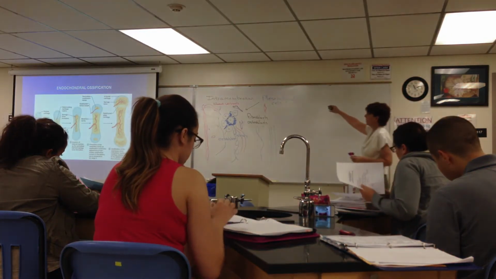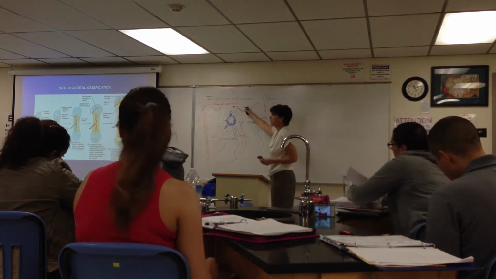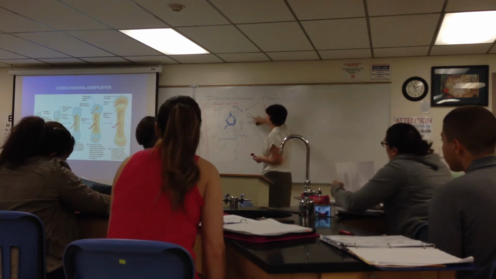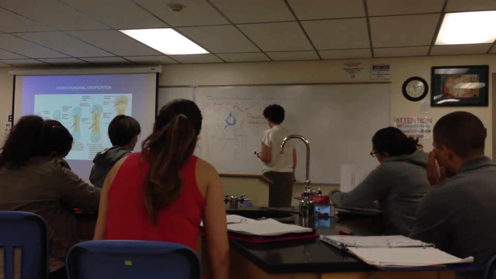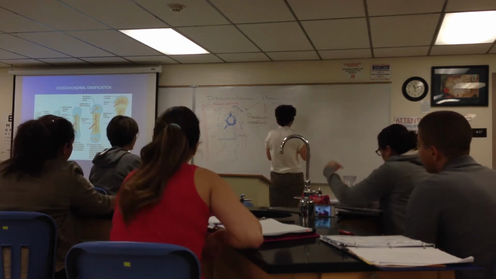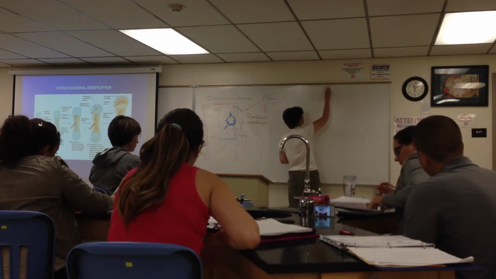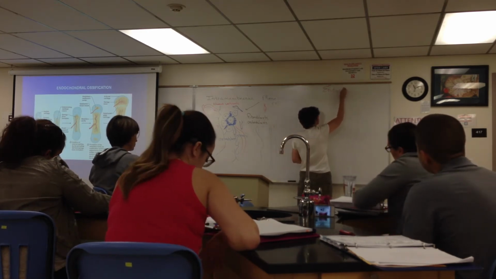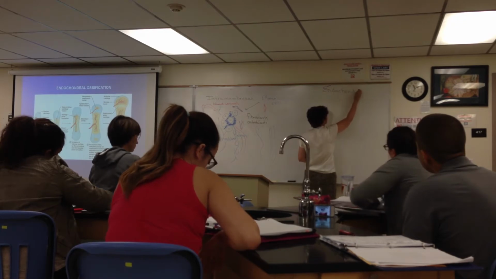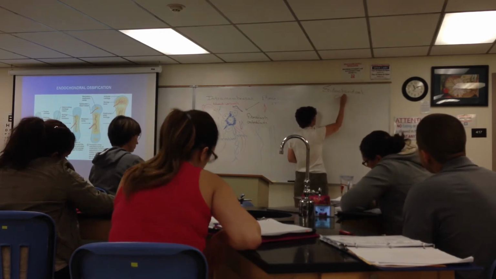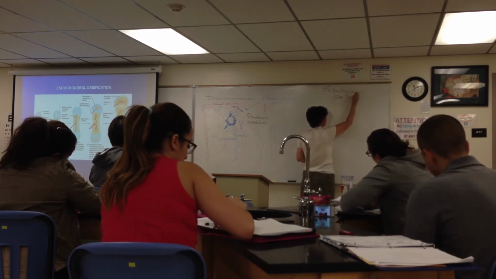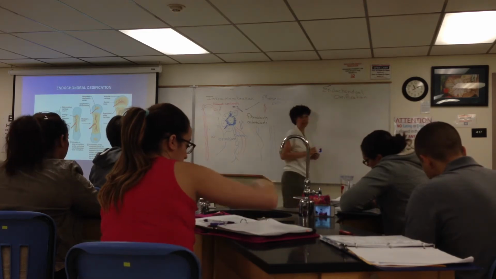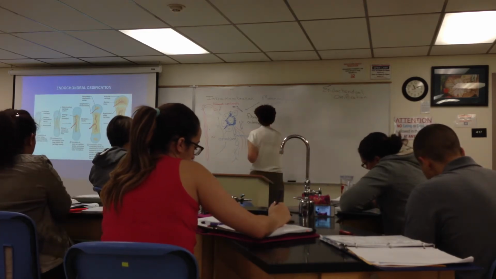So instead of the mesenchymal cells becoming fibroblasts for the periosteum and osteoblasts for the bone tissue, when we have endochondral ossification, the mesenchymal cells will become fibroblasts and chondroblasts at first.